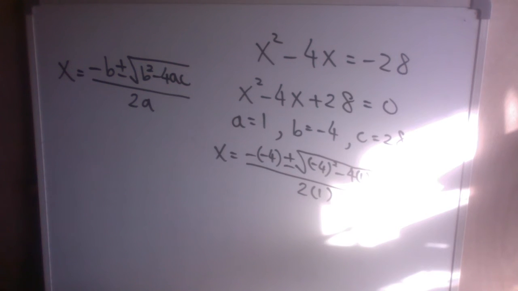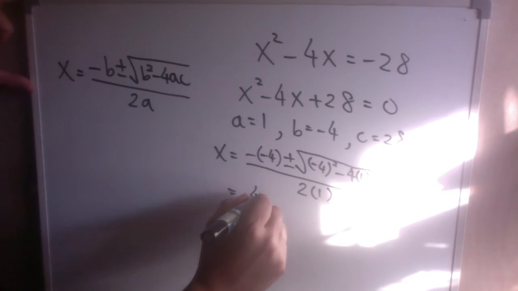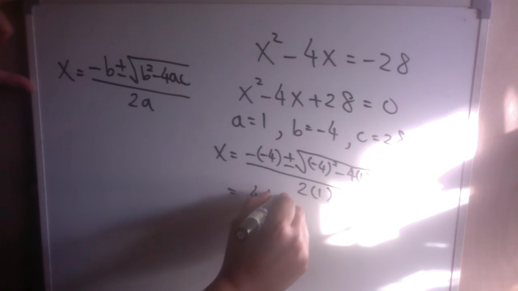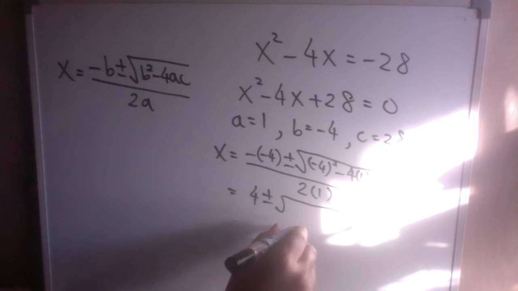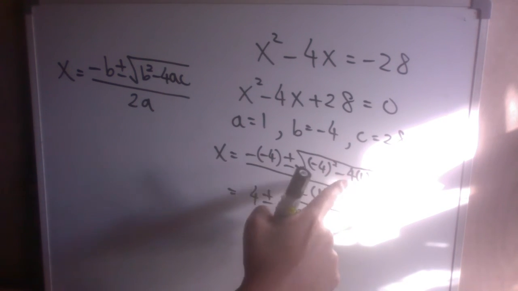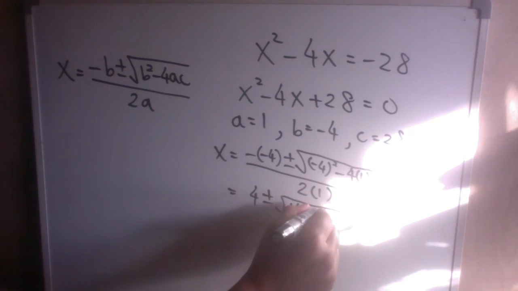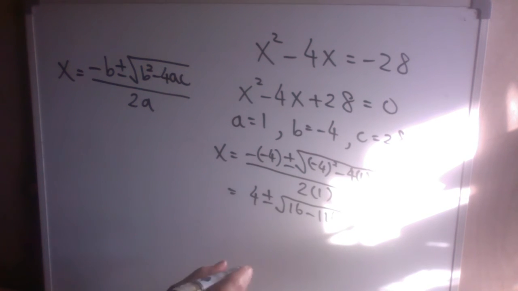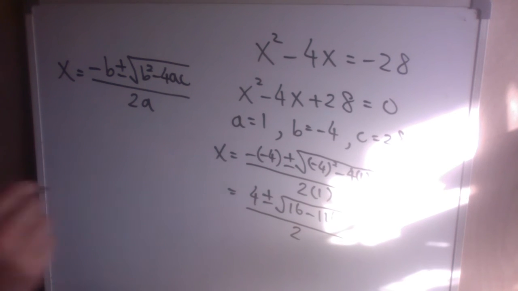So this is equal to negative 4, that's positive 4, plus and minus the square root of quantity negative 4 squared, that's 16, minus 4 times 1 times 28, that is 116, all over just 2.